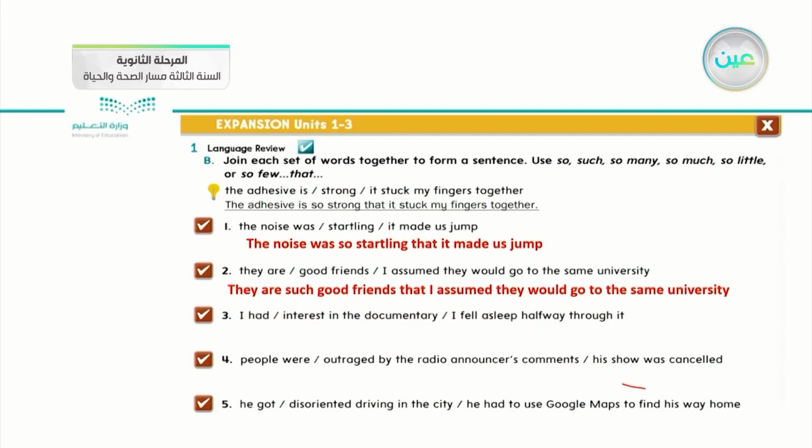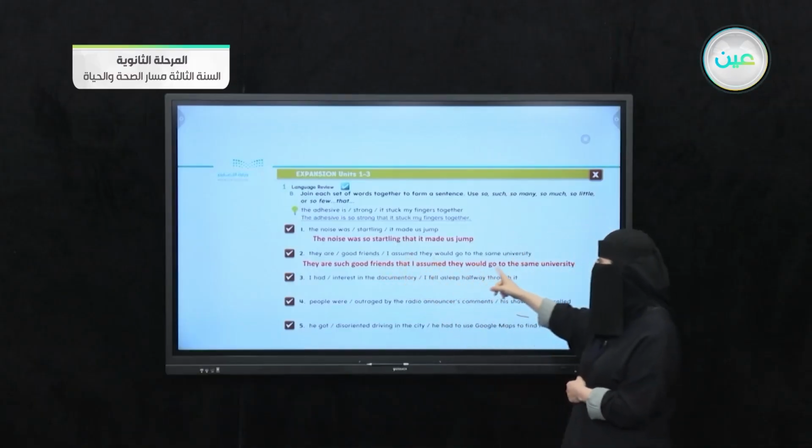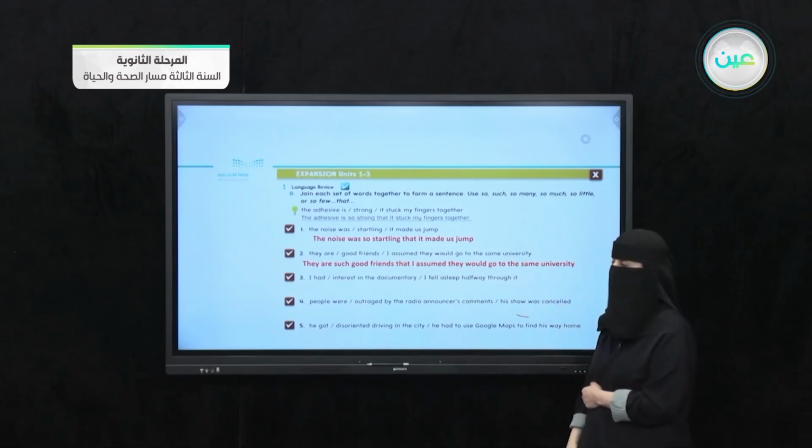They are such good friends. Because they are such good friends, what happened after that? I assumed they would go to the same university. How can I join these two together? So: they are such good friends that I assumed they would go to the same university. Between the cause and the effect, I should use the conjunction that.